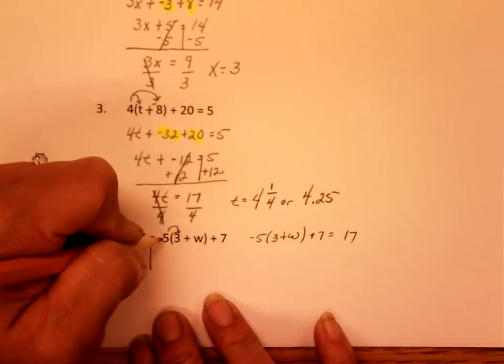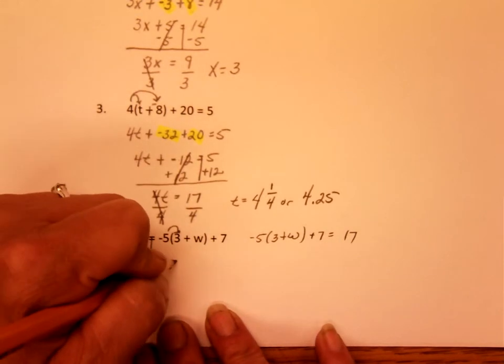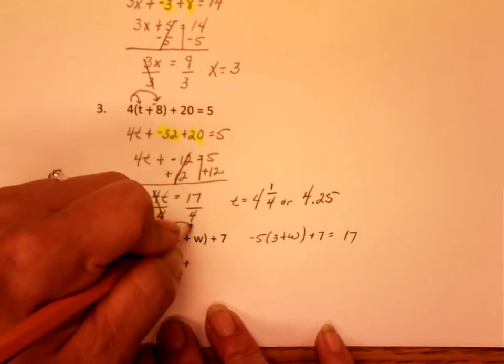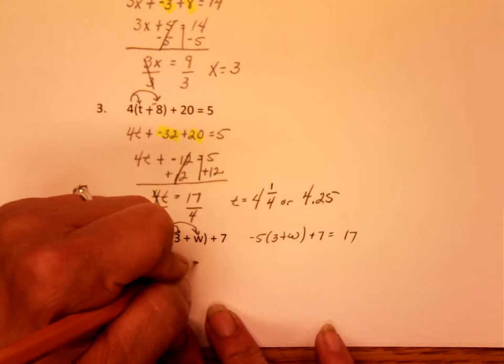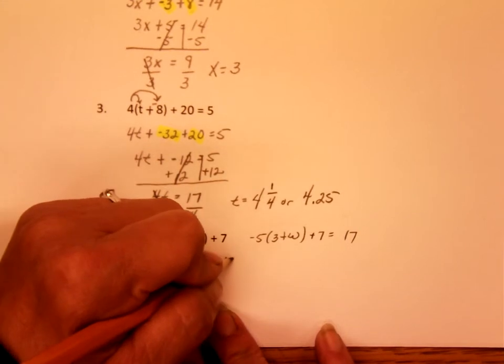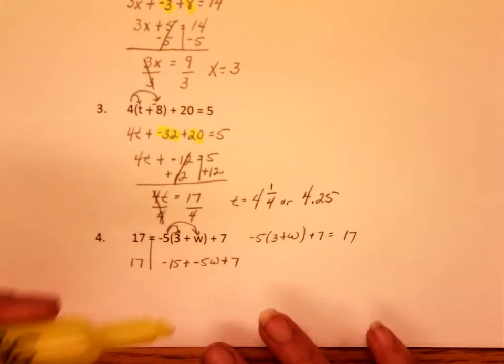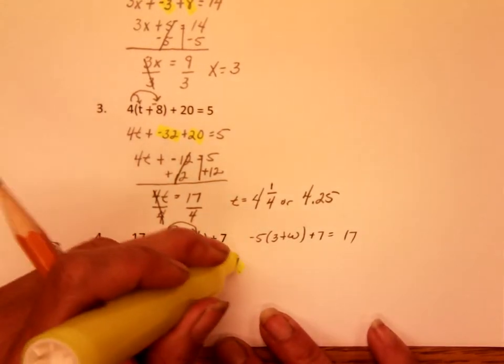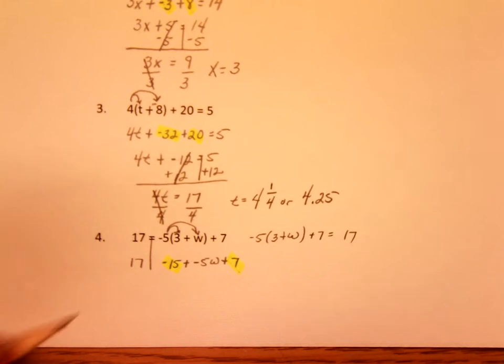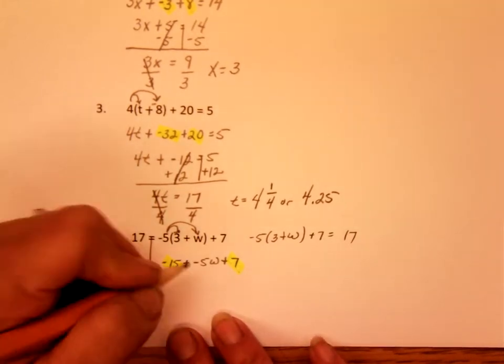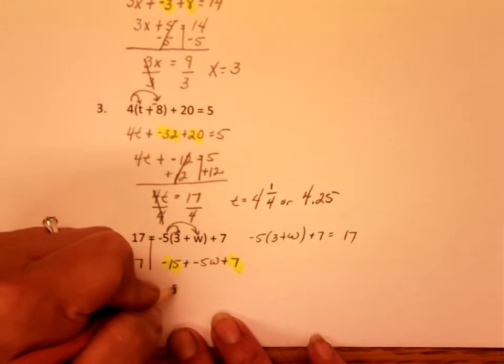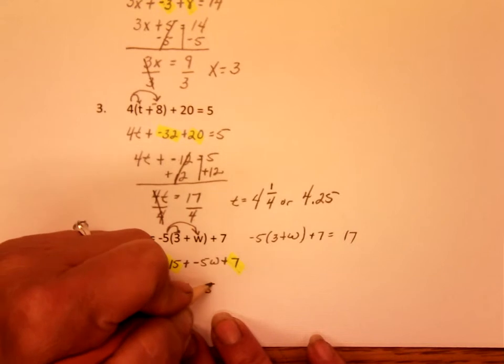Negative 5 times 3 is negative 15, plus negative 5 times w is negative 5w, plus 7. Combining like terms, you have your negative 15 and 7. So you have 17 is equal to negative 8 plus negative 5w.